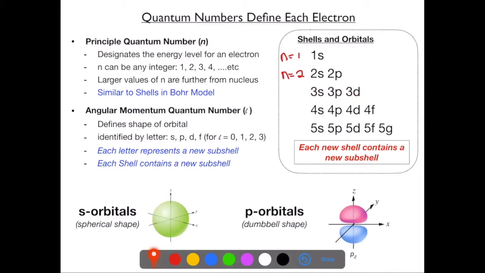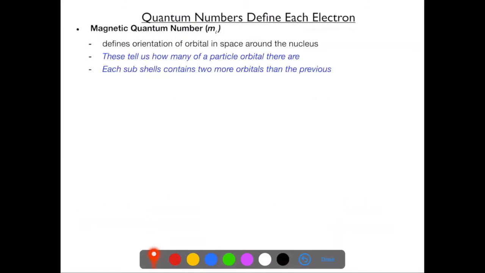Every time we go to a different shell, we're getting another subshell of orbitals. So 4s, 4p, 4d, 4f. If we went to the fifth shell, we would add in a g orbital. Again, the angular momentum quantum number defines our shape. So s's are spheres, p's are dumbbells. We can see some other ones in a second.